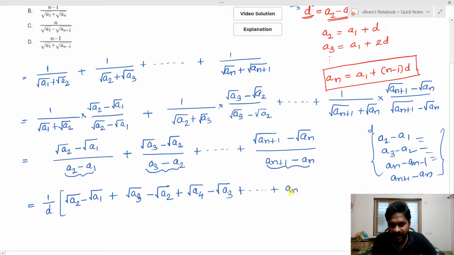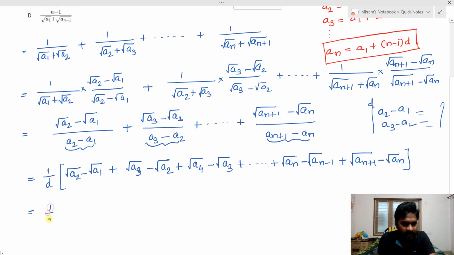Square root a n minus square root a n minus 1, square root a n minus 1 plus square root a n plus 1 minus square root a n.